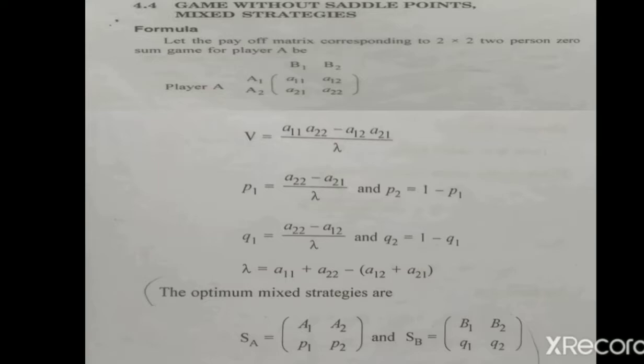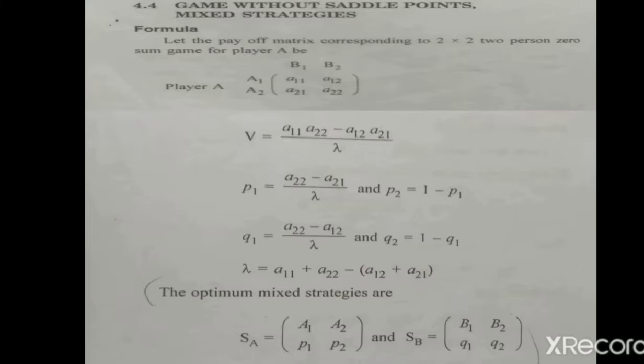Like this, if a 2 by 2 matrix is given, we have the formula V is equal to a11 a22 minus a12 a21, that is the numerator, the determinant, divided by lambda. Lambda value is calculated by a11 plus a22 minus, in bracket, a12 plus a21.